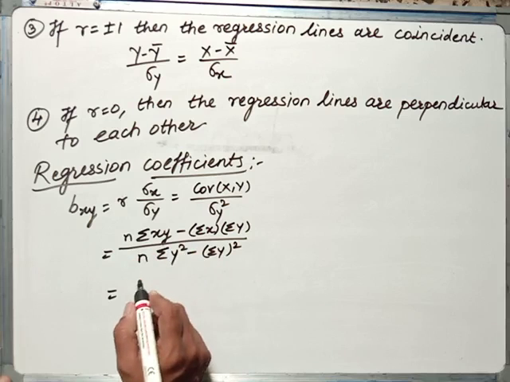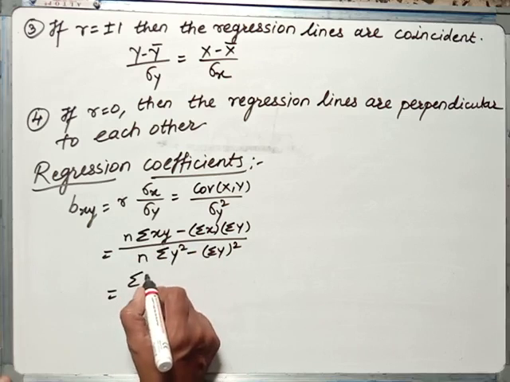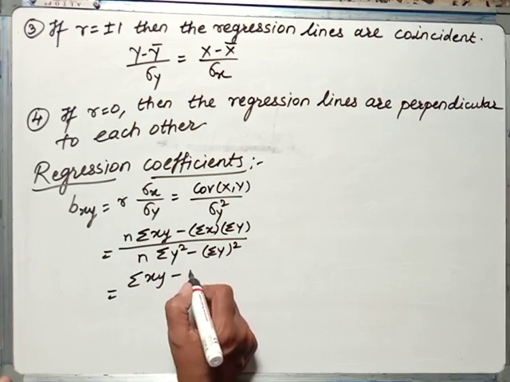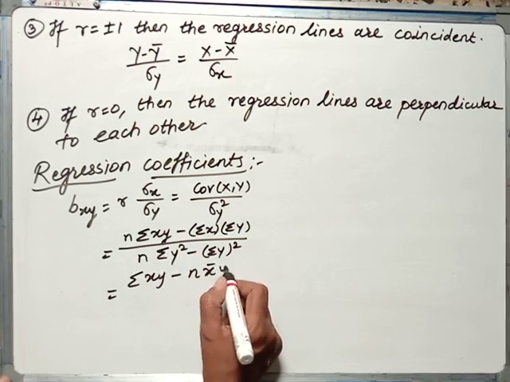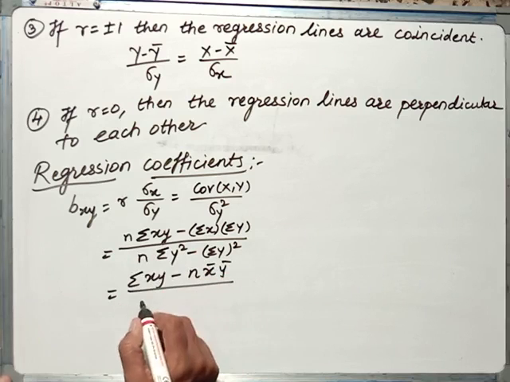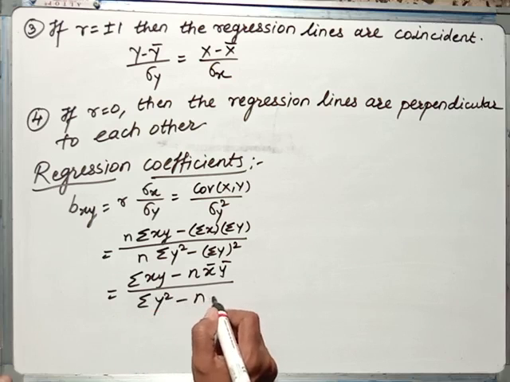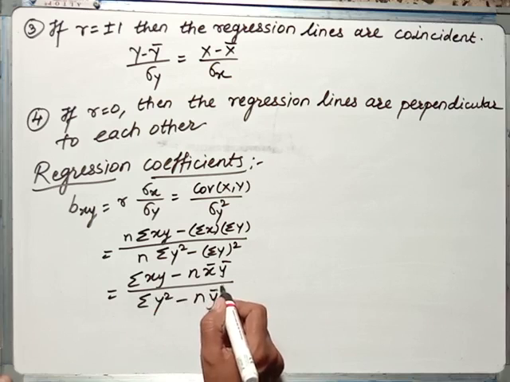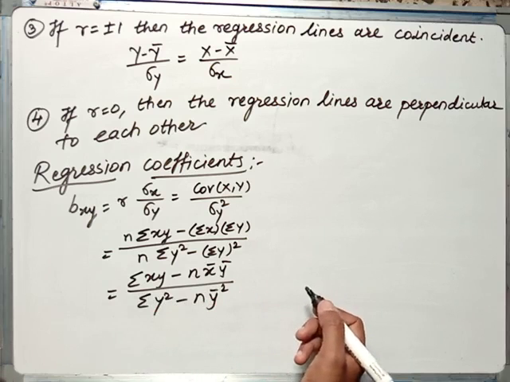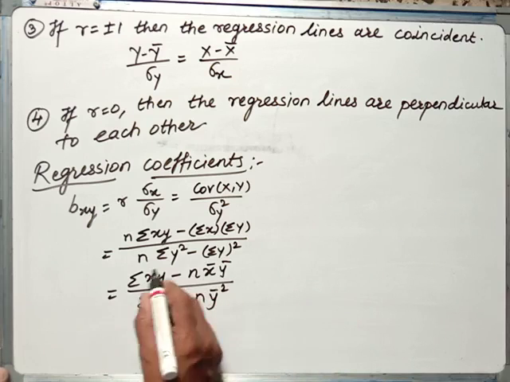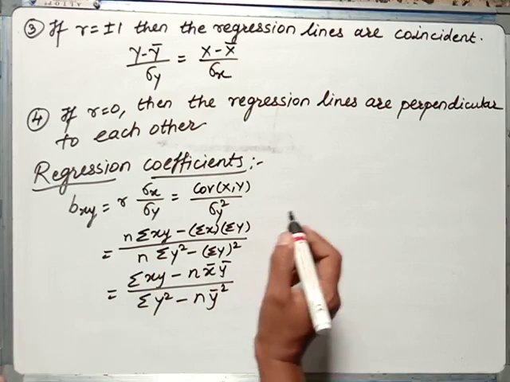Also this can be written as summation xy minus n x bar y bar upon summation y square minus n y bar square. Now this is a simplified result to determine bxy.